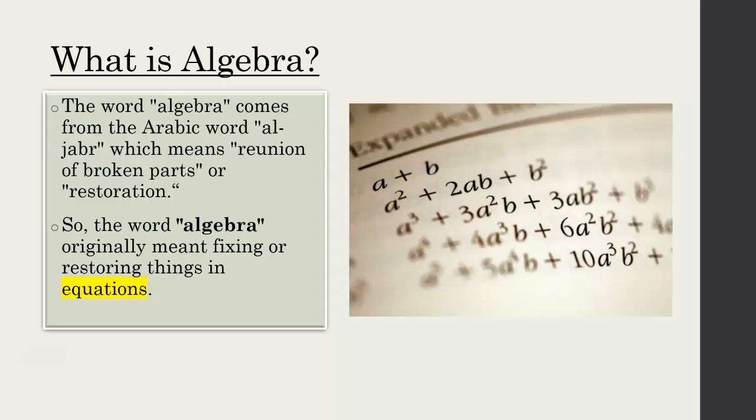So the word algebra originally meant fixing or restoring things, and in maths we were restoring things in equations. So algebra purely means we're looking to restore something, we're looking to find something, and we don't know exactly what that something is, but we're given rules about it.